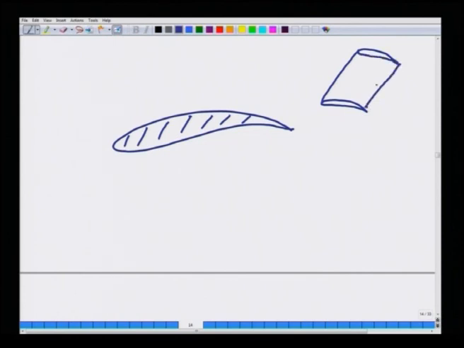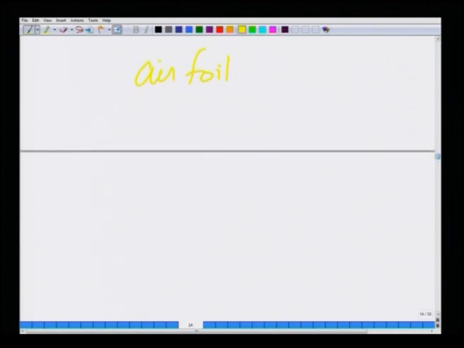Since it is very long, the width of the body is very large compared to other dimensions. The other dimensions are thin. So, I am going to just draw a cross section of this. I am going to take a cut across a plane, and it is going to look like this. Okay. So, this is called an airfoil. Essentially, it is a model of a cross section of an airplane wing.